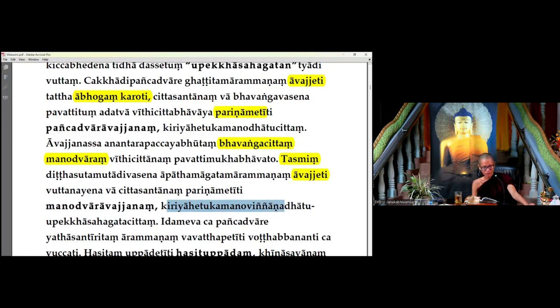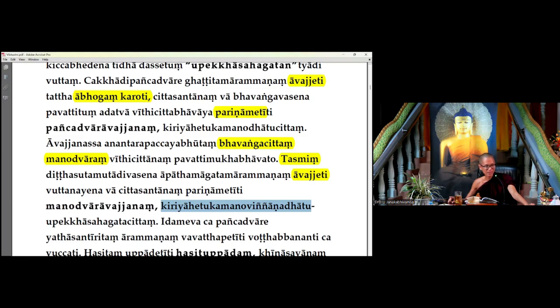So Mano Vinyana Dhatu, to understand, you should learn the 18 dhatu. In the 18 dhatu about the chitta, there are Chaku Vinyana, Soda Vinyana, Kana Vinyana, Jingwa Vinyana, Kaya Vinyana dhatu, Mano dhatu, and Mano Vinyana dhatu.